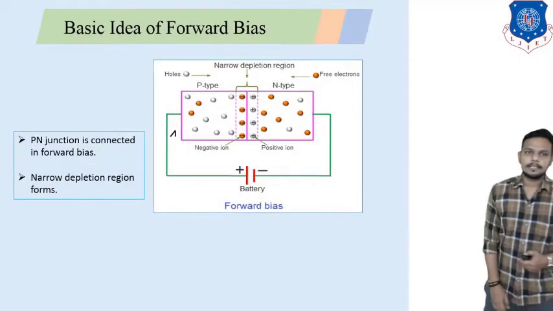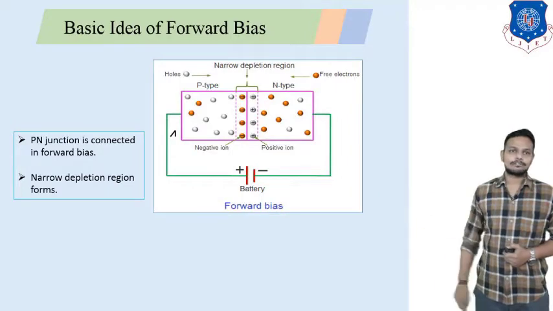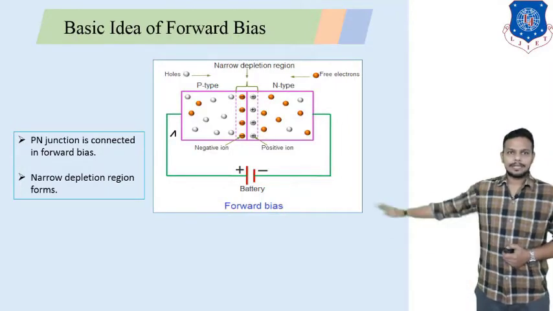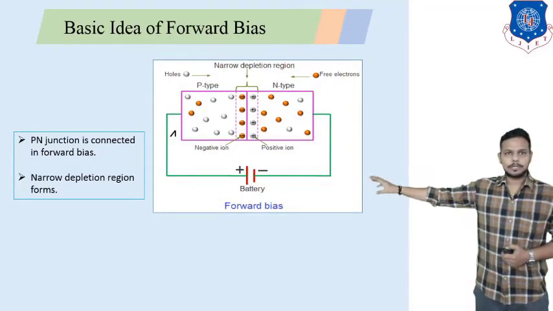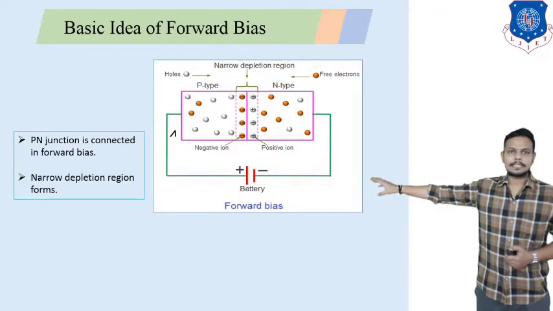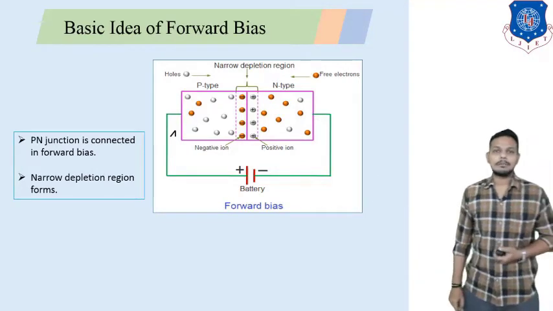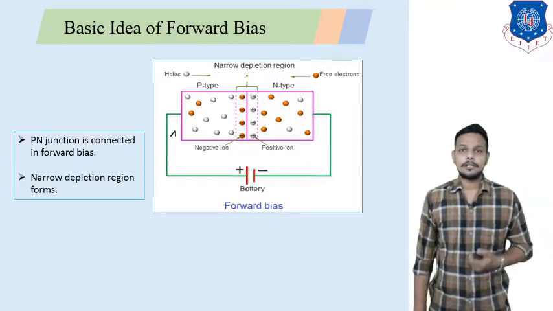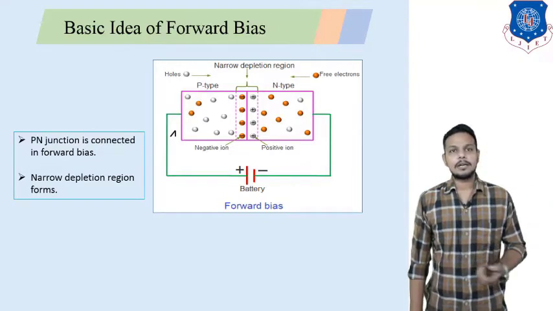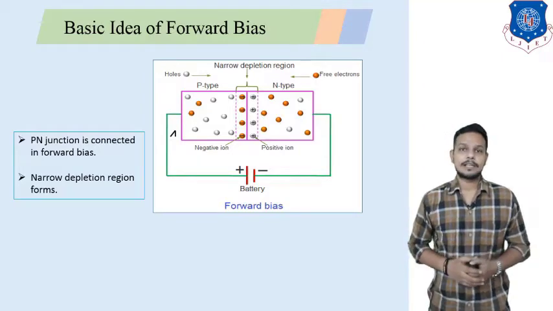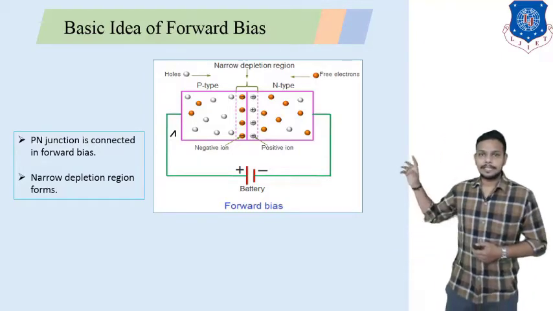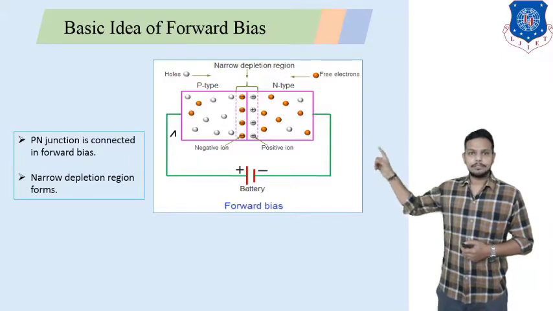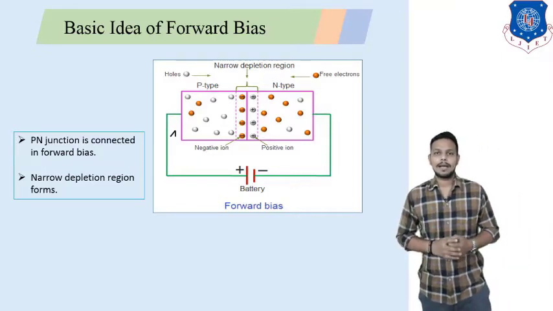So here we can see this is the construction of diode. Now it is connected with particular battery. We can see here, but what is unbiased and bias? If we are not connecting any battery with this construction is unbiased condition. And what is biasing? If we connect DC supply or battery with this construction is known as biasing.